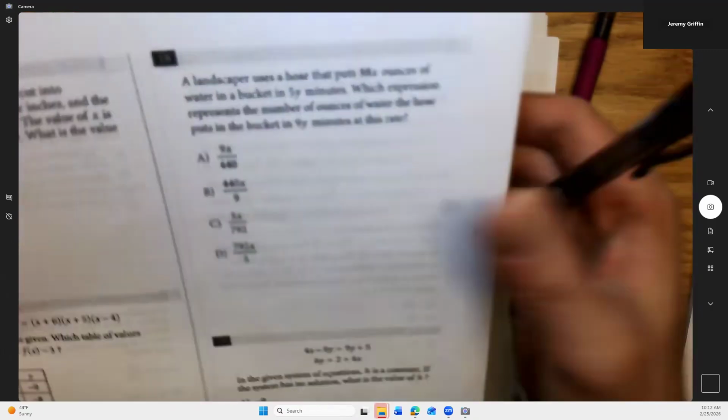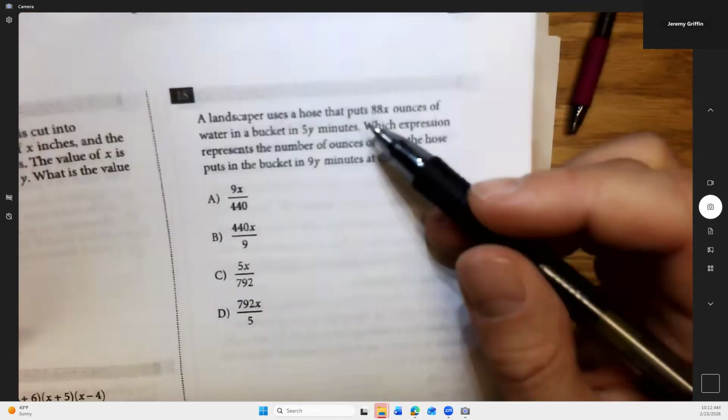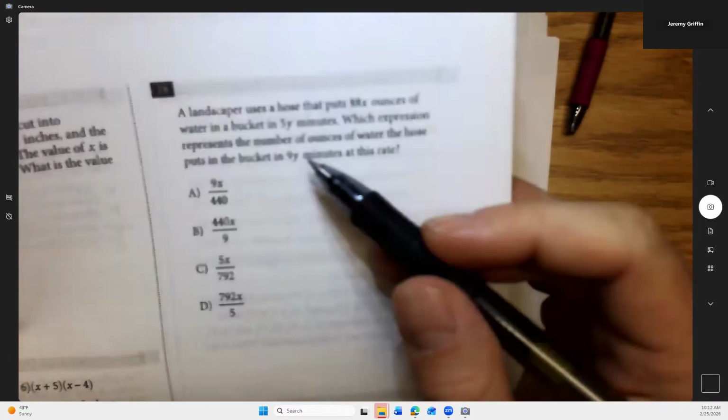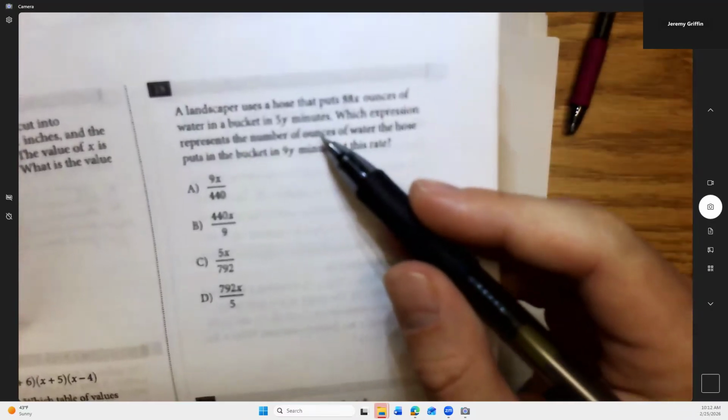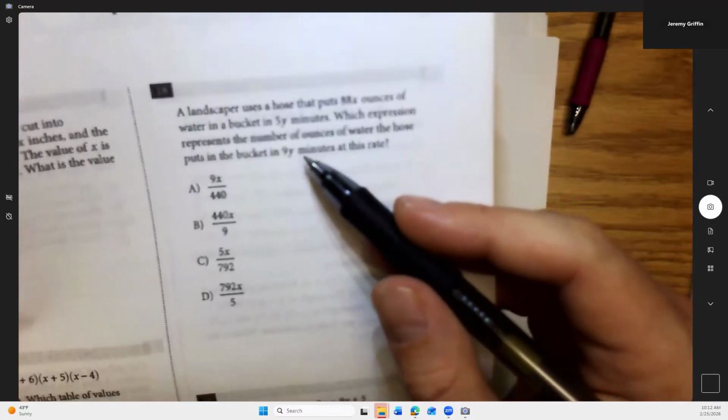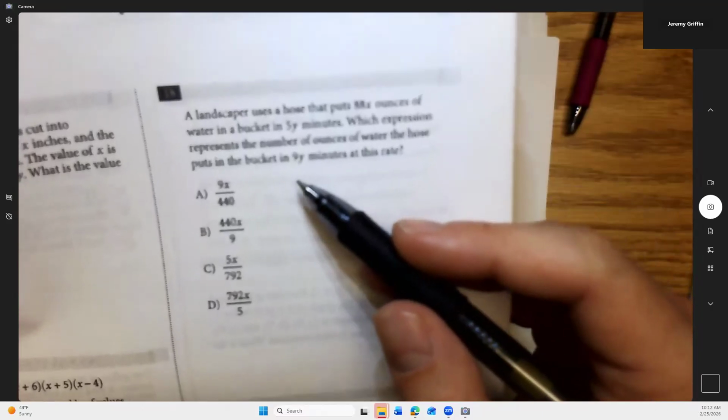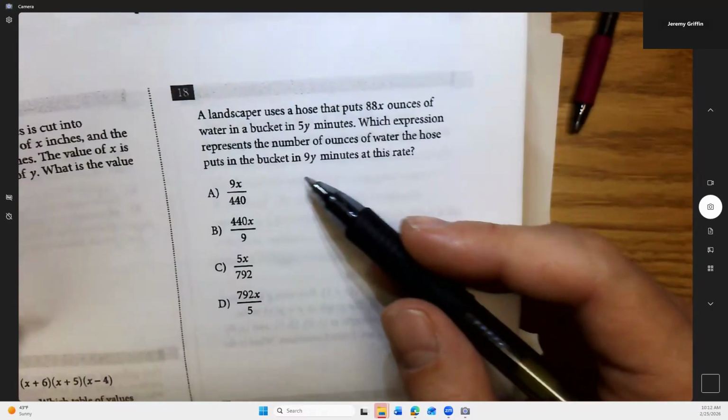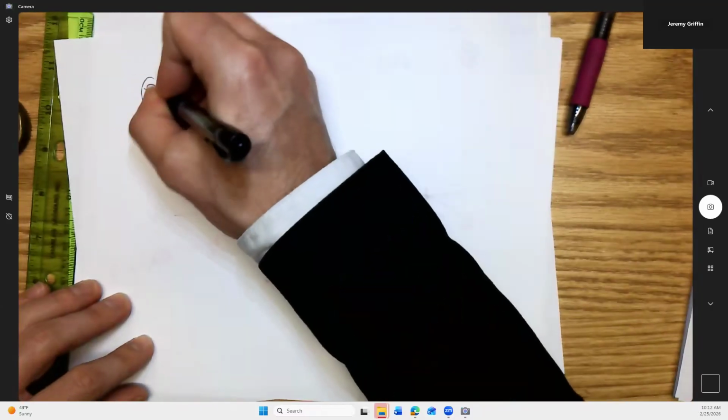Okay, 18. A landscaper uses a hose that puts 88x ounces of water in a bucket in 5 minutes, which represents the number of ounces in 9 minutes at this rate. Okay, so 18.